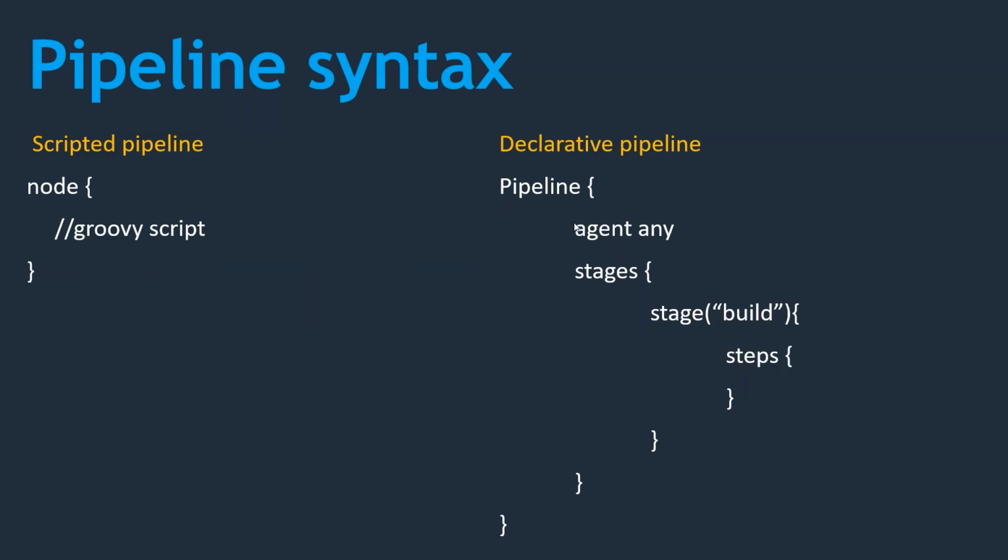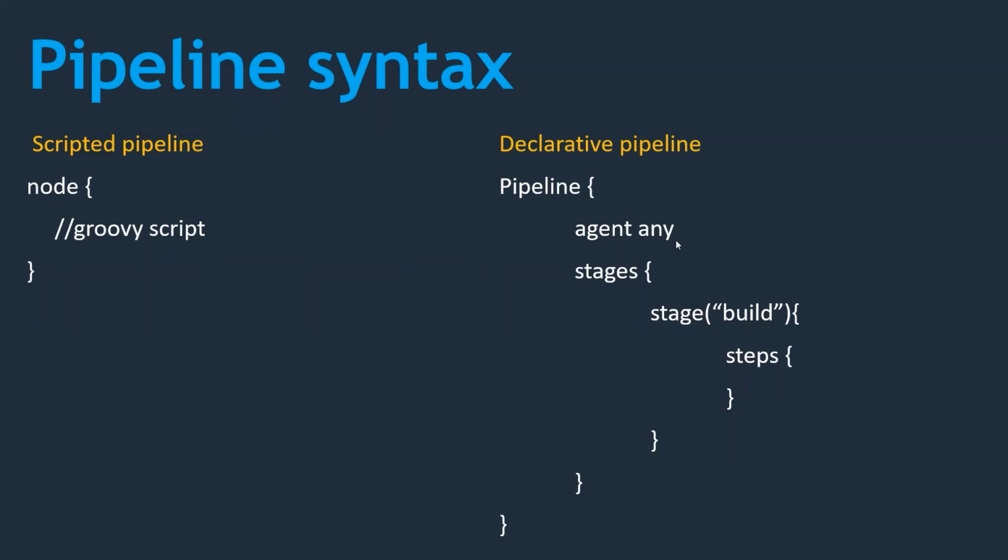In the declarative pipeline, it starts with pipeline, and in between the pipeline you need to define all your conditions. It will have agent any, nothing but on which agent you want to run. If agent any, either it can build on the master or on slaves as well.